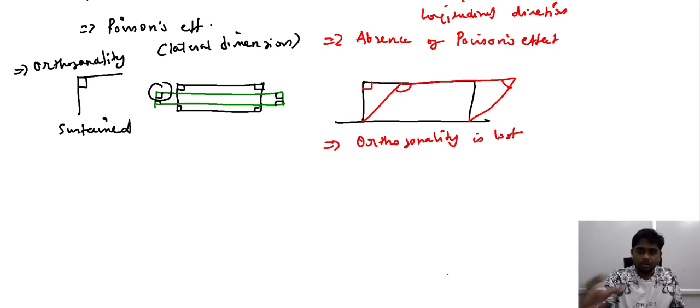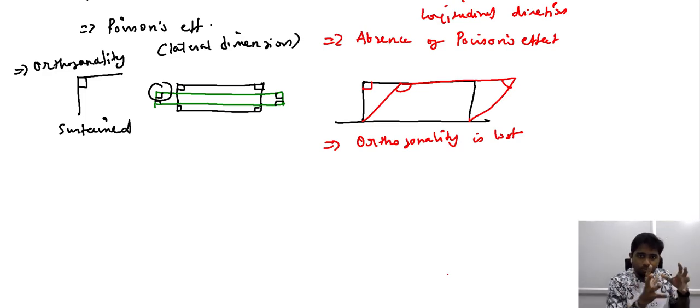Now we have identified that there is no longitudinal or lateral change in the dimensions. However, the only change that we observe is the loss in the orthogonality, the loss in the way these sides are aligned. So in this case, what would be the best way of describing the strain offered by the material?